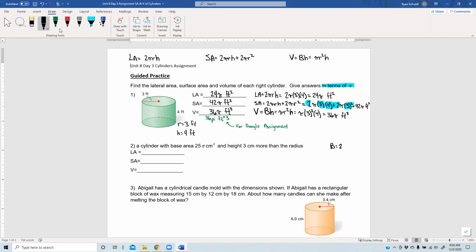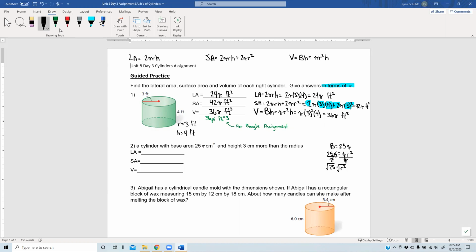Base area is 25 pi. Well, we know the area for a circle is pi r squared. So if I divide by pi, I'm going to get that 25 equals r squared.